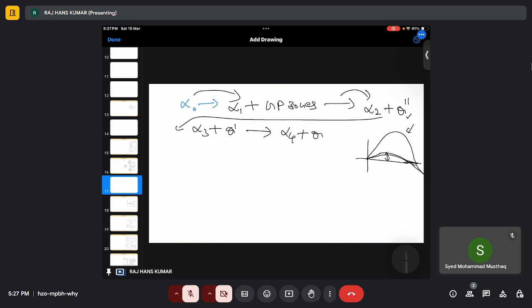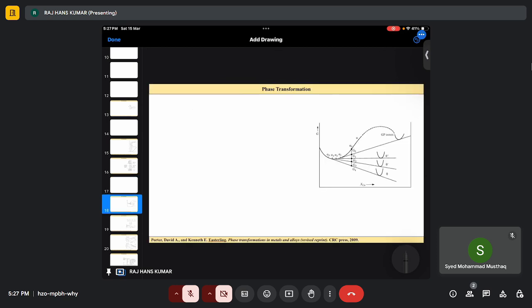Now, this is my free energy versus composition diagram at a given temperature T1. What is happening?